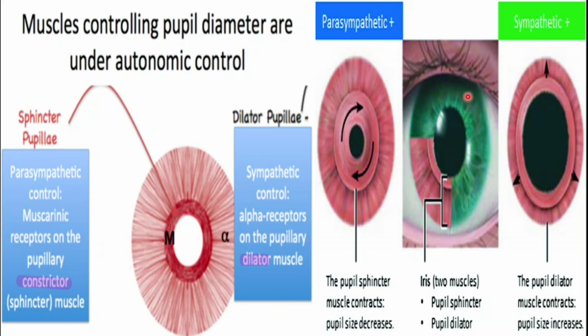And this other muscle of the iris is known as the circular muscle, or the pupil dilator muscle. So the iris has two sets of muscles.